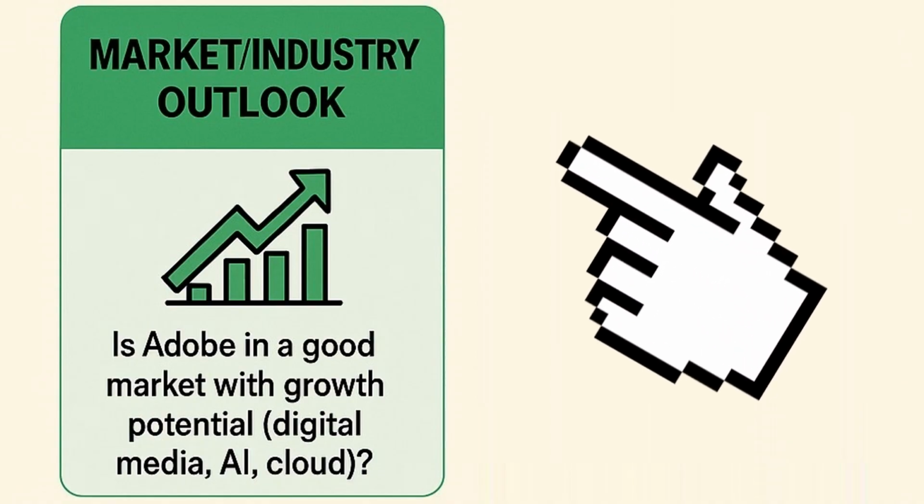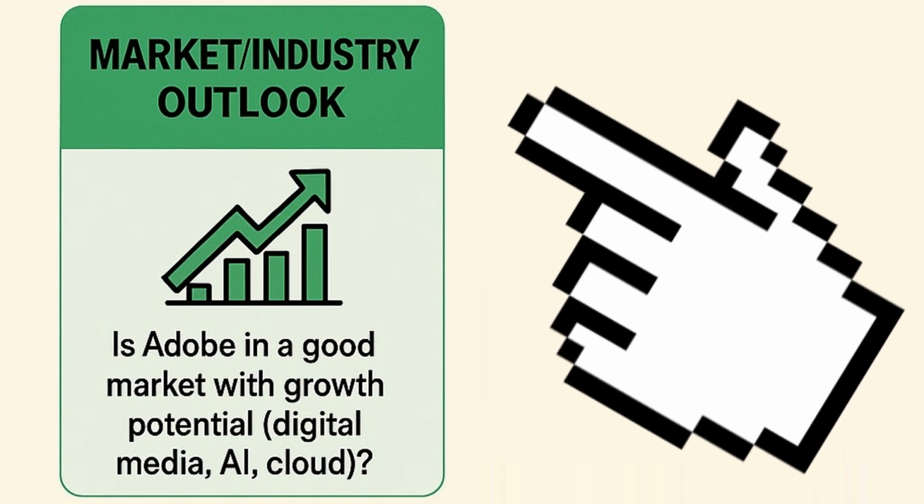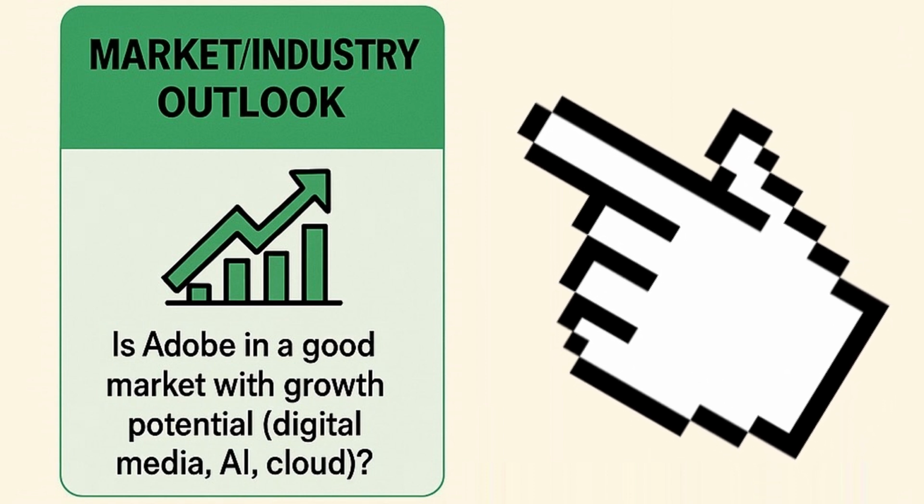Third, we check the market and industry outlook, the big picture. This means, is the industry growing or shrinking? For Adobe, for example, they are in the digital creativity and cloud software industry. This industry is growing because more people work online and create digital content.